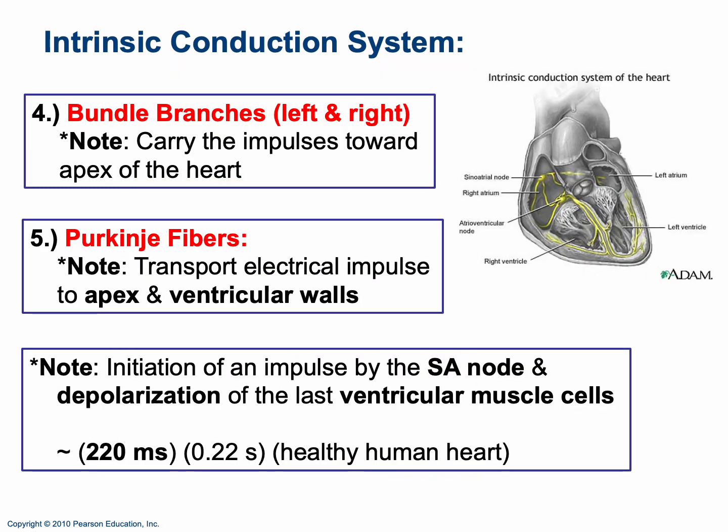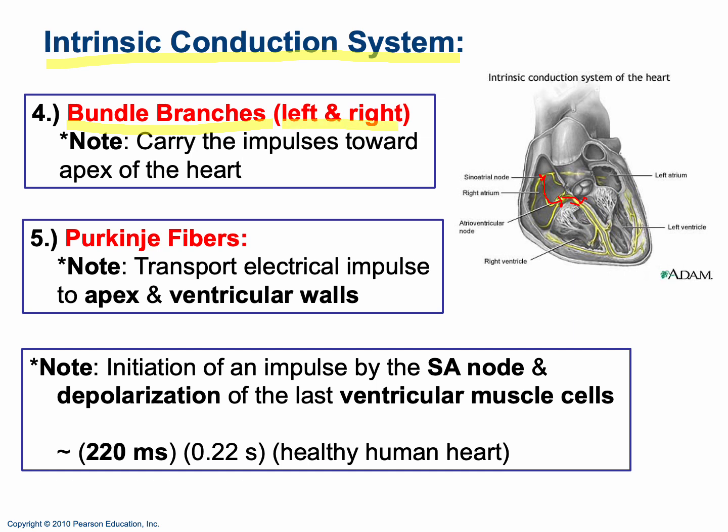We continue on by looking at the intrinsic conduction system here. So a couple other structures. We've already gone through the start of the sinoatrial node, and eventually electrical activity transferred to the atrioventricular node, to the bundle of His. And now it's a matter of understanding, number 4, the bundle branches.